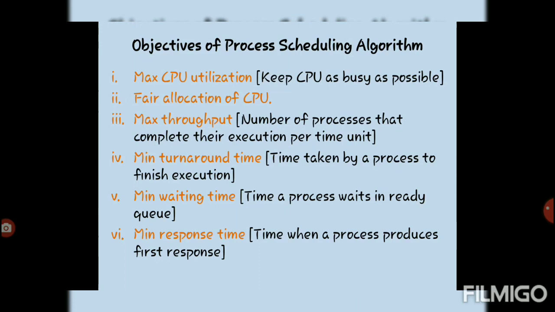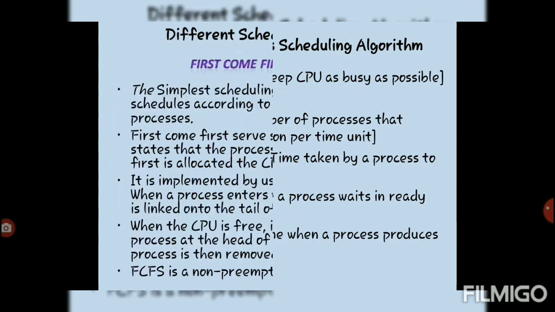Then minimum waiting time, which is to minimize the waiting time of every process. Then minimum response time. Response time is the time when a process produces its first response, so the response time should be minimized. So these are the objectives of process scheduling.